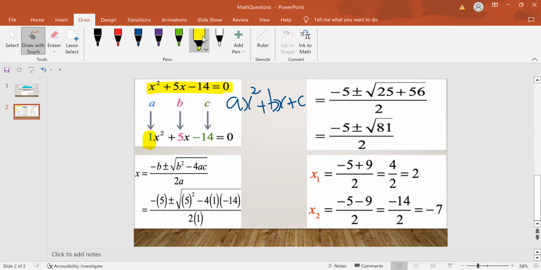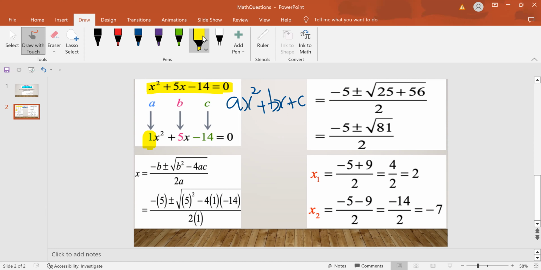Always the number in front of the x squared will be the a value. A has to be a numerical number. A is not 1x squared. A is just 1. Here they use x. Maybe in another equation, instead of x, they use y, that means y squared plus 5y minus 14. Or they say z, z squared plus 5z minus 14.